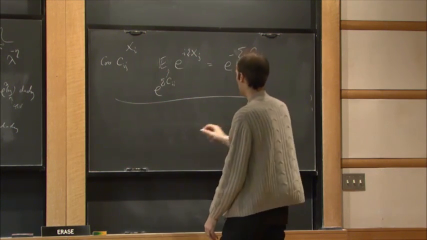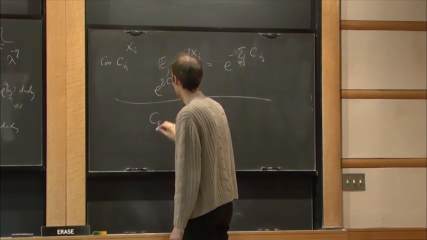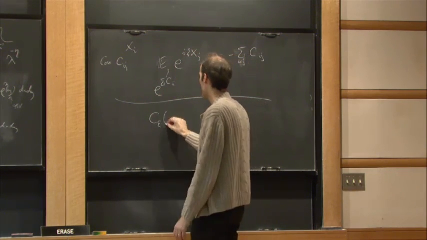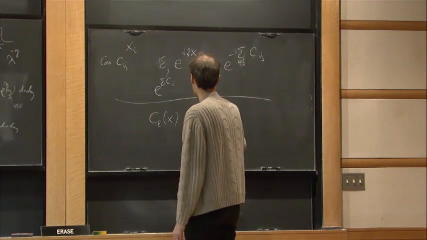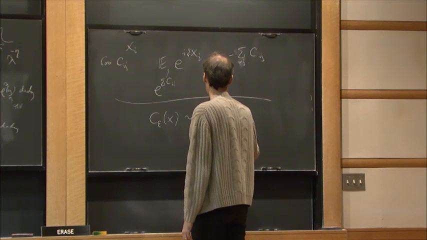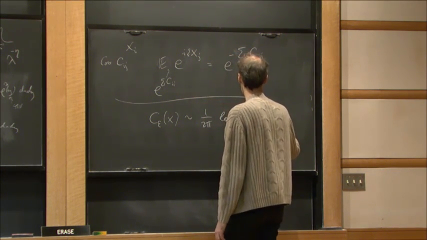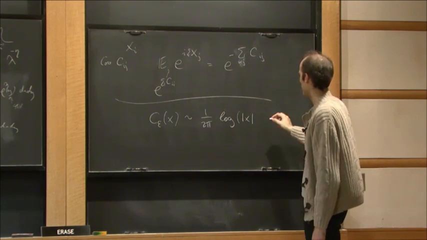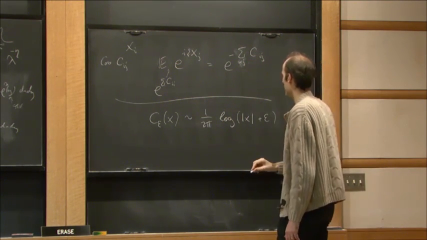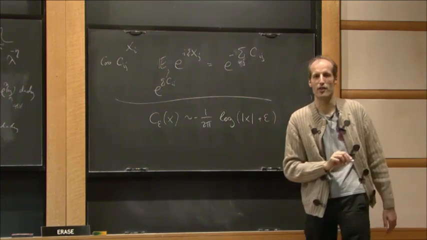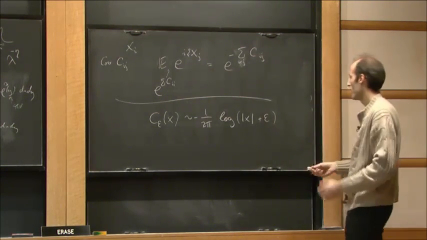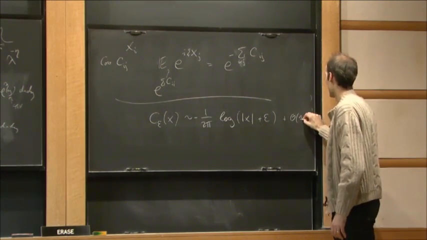So it turns out that the covariance function of this free field, C epsilon of x, essentially behaves like 1 over 2 pi log of norm of x. And because of the regularization, there's an epsilon here, and there's a minus to make it positive at small scales. And then there's an order 1. Okay?